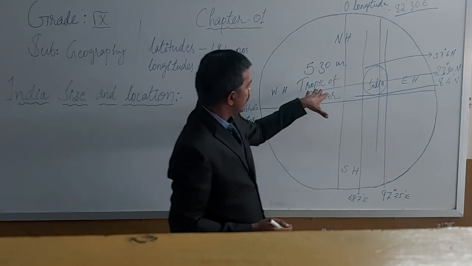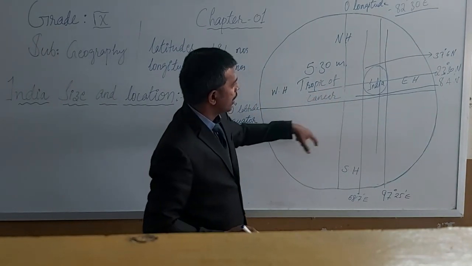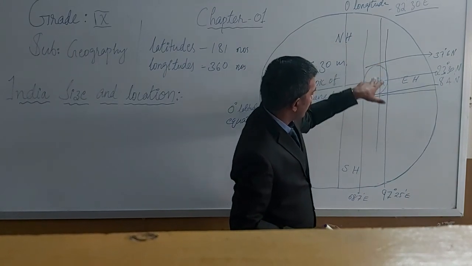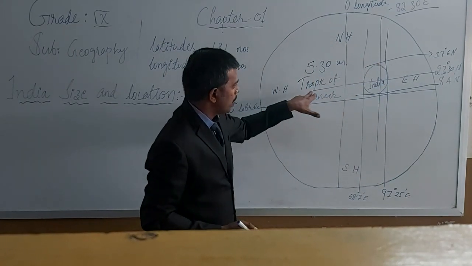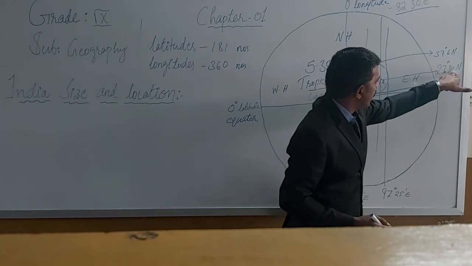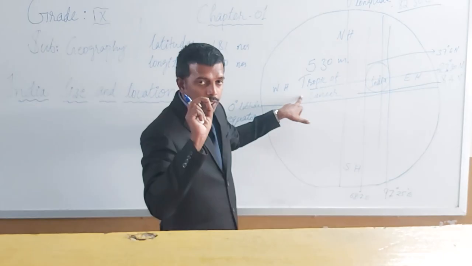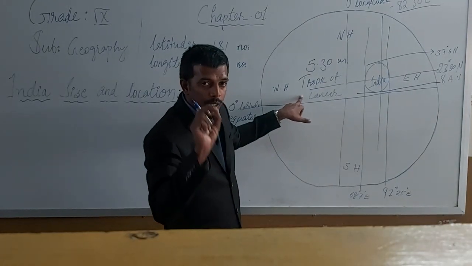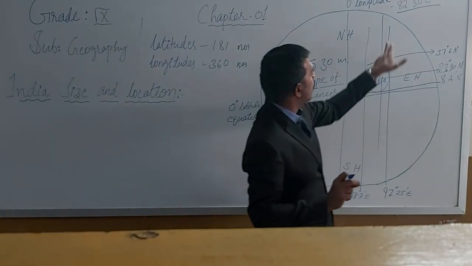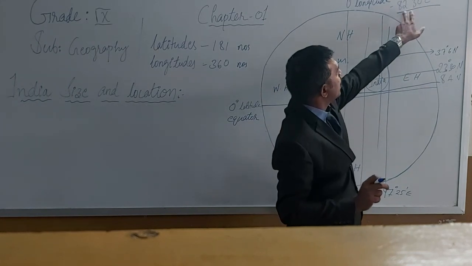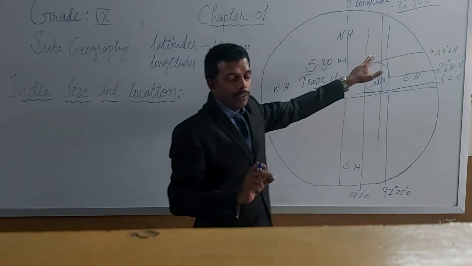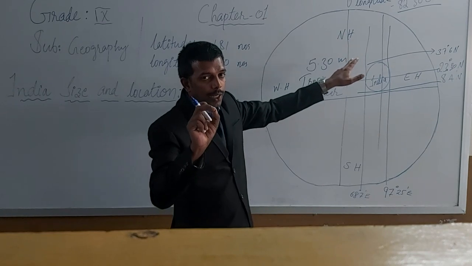Here we have seen one important latitude other than the longitudinal or latitudinal extent. The first one is the 23 degree 30 minute north latitude, known as the Tropic of Cancer, which divides India into two equal halves. And one important longitude, 82 degree 30 east, is taken as the standard meridian of India.